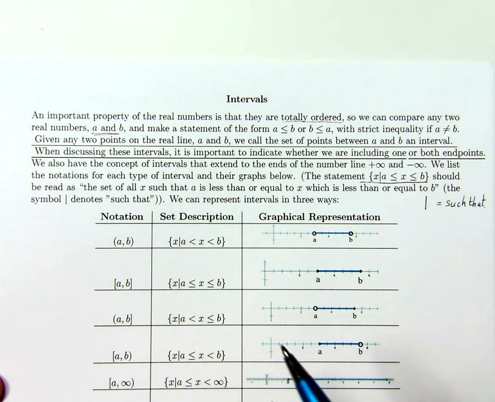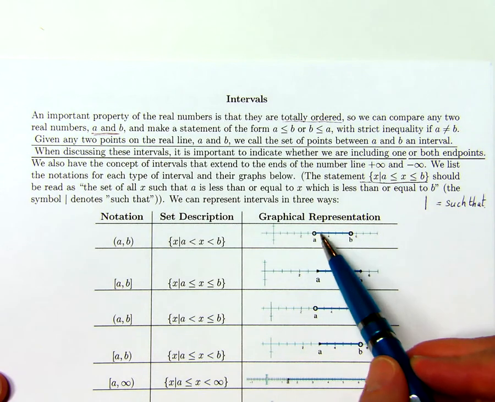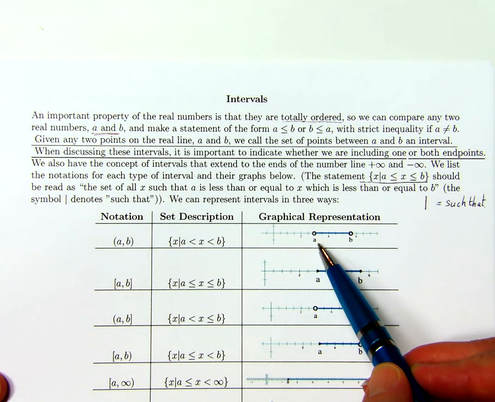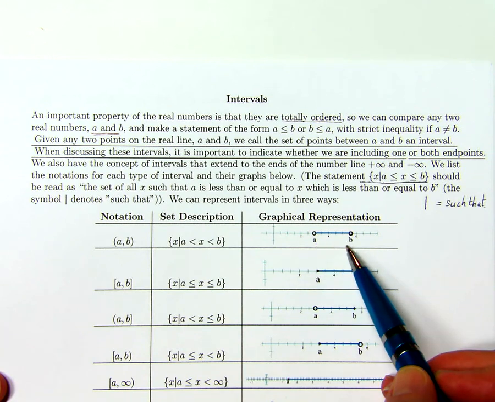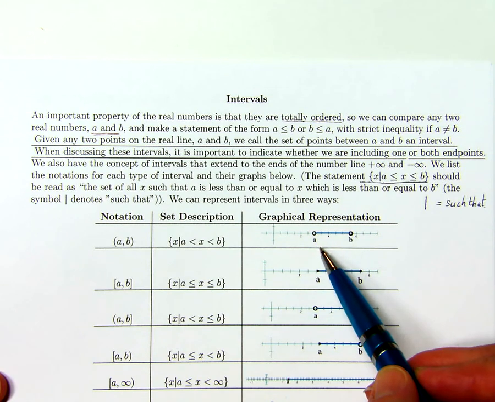Okay, so we have 3 different ways of describing these intervals. The first case that we might think about is the interval of values of real numbers between A and B, not including either endpoint.